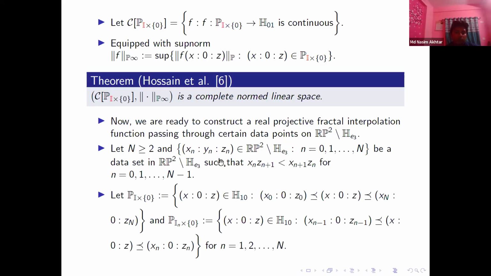The projective interval π cross 0 is nothing but the set of [x:0:z] belonging to H10 such that [x0:0:z0] ≤ [x:0:z] ≤ [xN:0:zN], and the nth projective subinterval πn cross 0 is the collection of all [x:0:z] belonging to H10 such that [x_{n-1}:0:z_{n-1}] ≤ [x:0:z] ≤ [xn:0:zn], for n equals 1 to N.